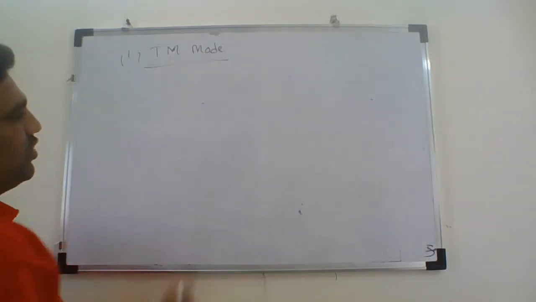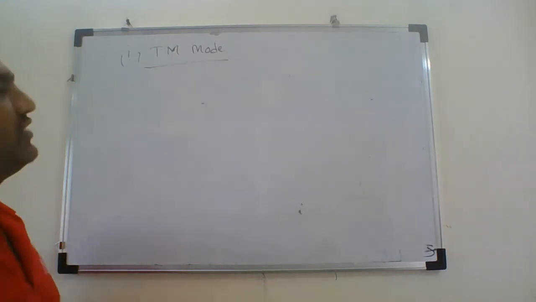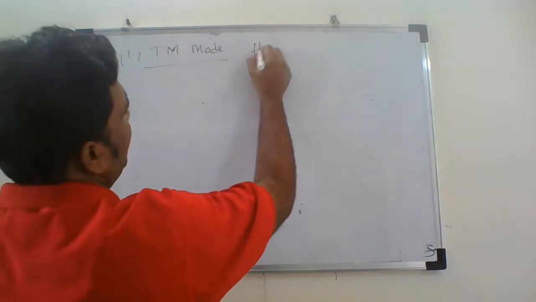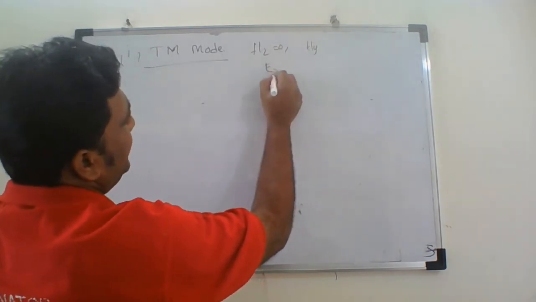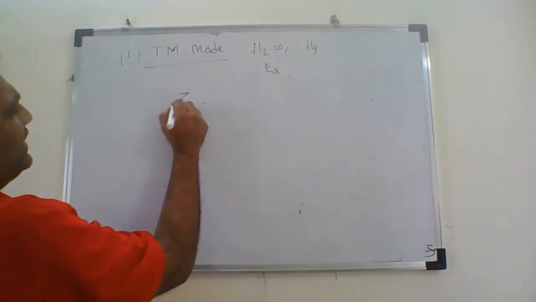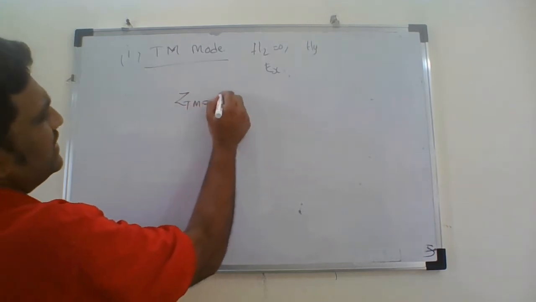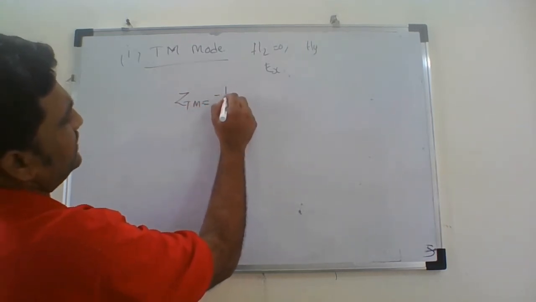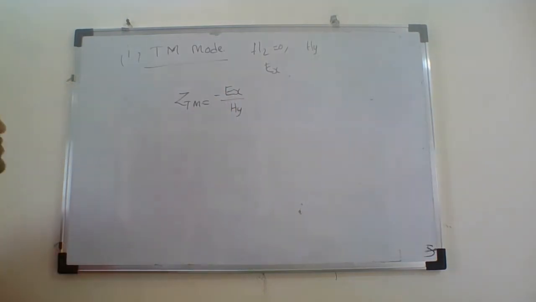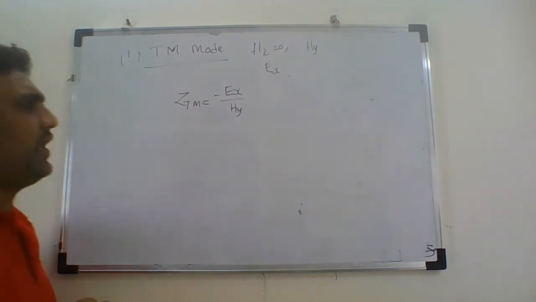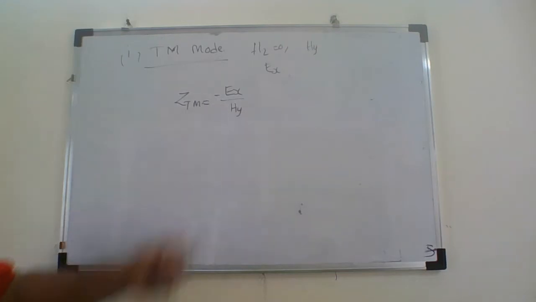Transverse magnetic means Hz will be 0. So Hy will exist and Ex will exist. So I can write ZTM as minus the ratio of Ex by Hy. The minus comes because of the orientations.